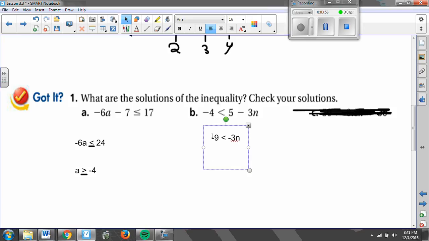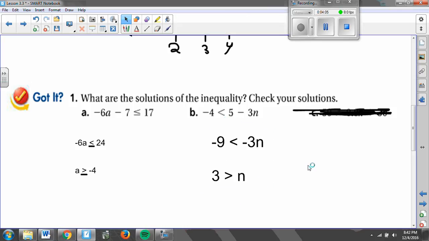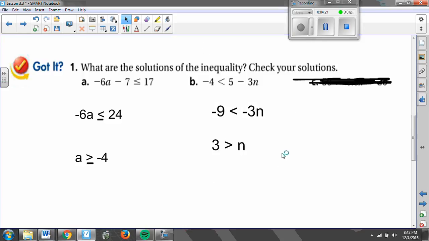Solving that for n gives us positive 3 is greater than n, because again I divide by a negative, so I must flip the sign around. Flip the sign around when we divide by a negative. In the other case, 3 is greater than n, or n is less than 3 if you prefer to write it the other way.